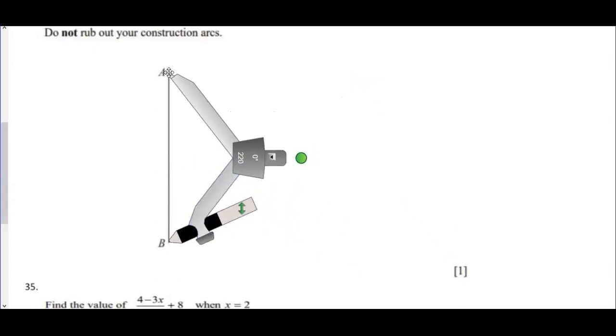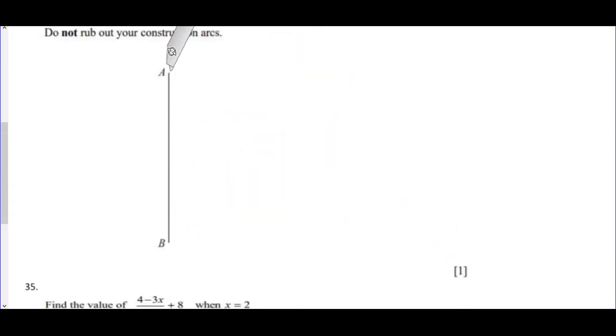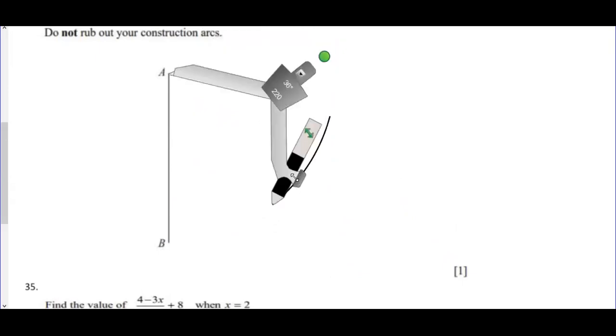So set up a compass like this, open wide, end to end of the given line. And then turn your compass so that you can draw an arc somewhere there. Can you see?